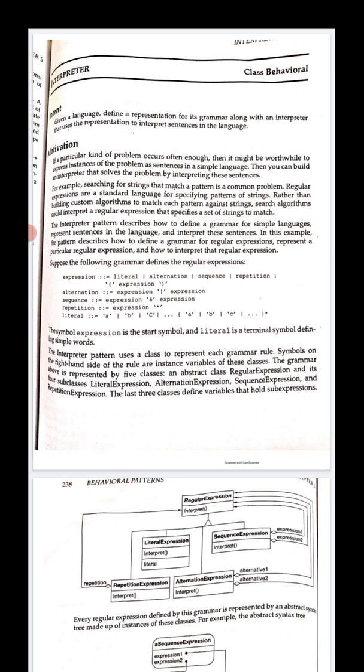Here the Interpreter design pattern uses a class to represent each grammar rule. Symbols on the right-hand side of the rule are instance variables of these classes.